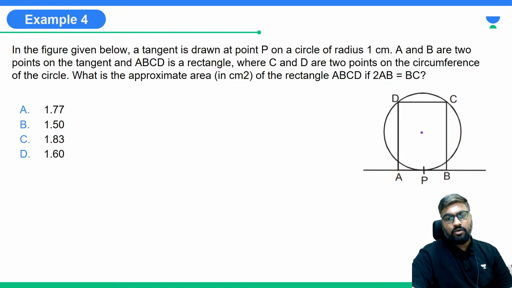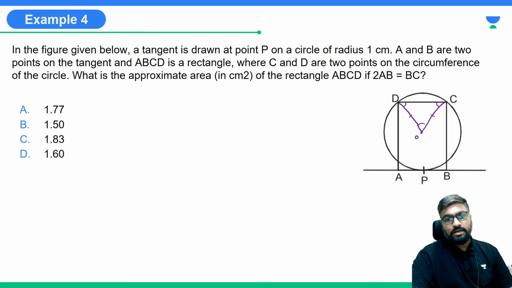So let's say O is the center of this particular circle. Yes, so we know this is the radius, this is the radius, both of these will be radii. Automatically, these two sides will be equal, so these two angles will also be equal, so half of 90, right, 45, 45.